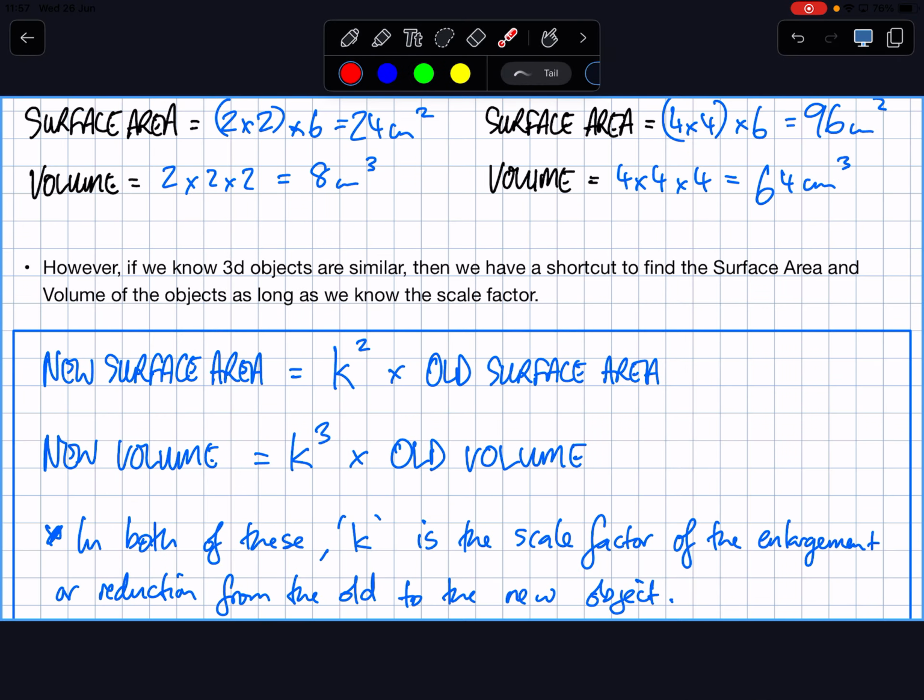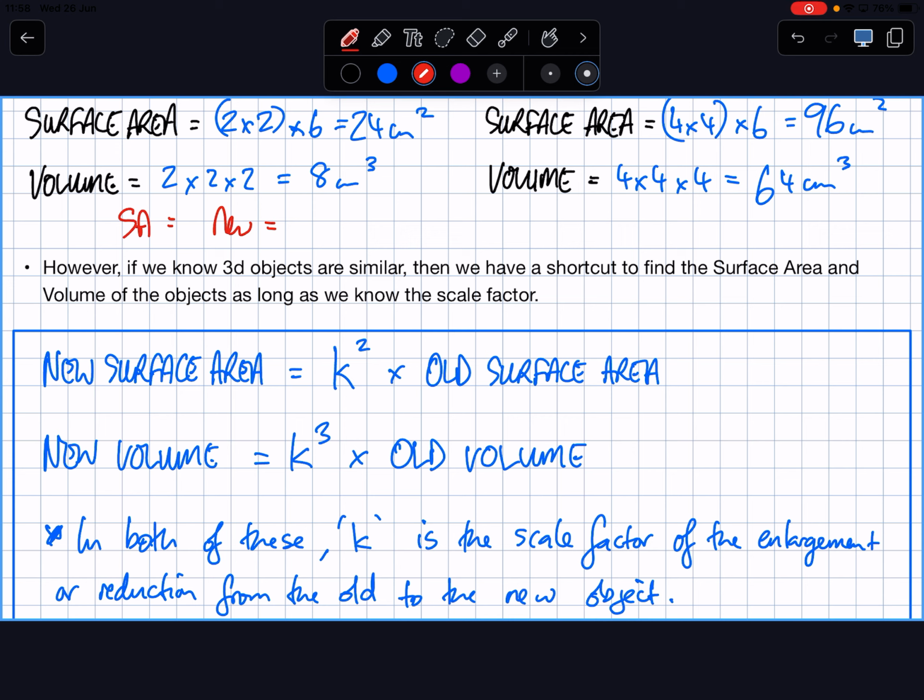New surface area is equal to k squared times by the old surface area. So SA new equals k squared. Going from the small to the large cube, can someone remind me what the scale factor was? 2, good.